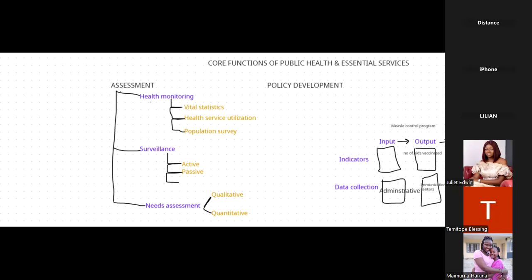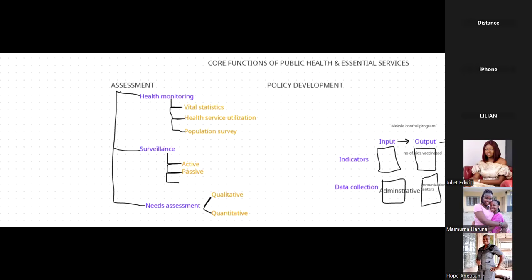Well, for active surveillance, what is happening is that we now go into the community to find the people who have these diseases or who are affected by these health-related events. That's active surveillance, okay?